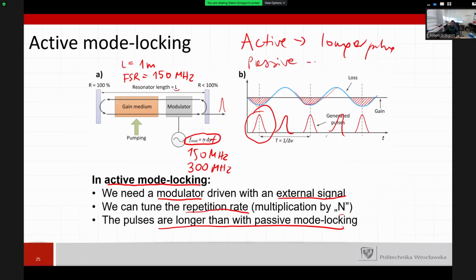So passive is always shorter, because the response of the modulator is much faster in the passive case. So in active mode locking, you can get pulses generally longer than 1 picosecond in duration. But with passive, you can go down to few femtoseconds, so much shorter pulses.